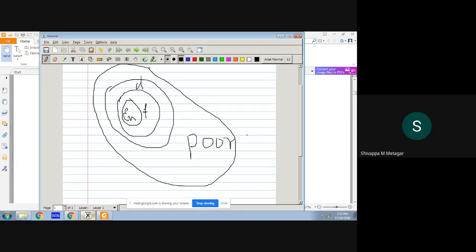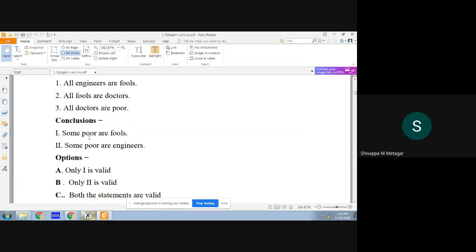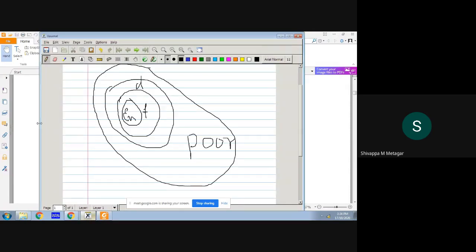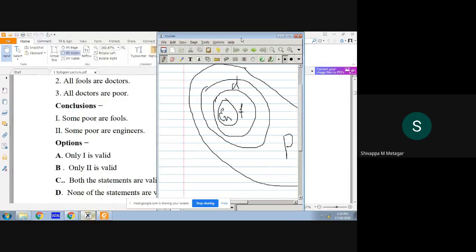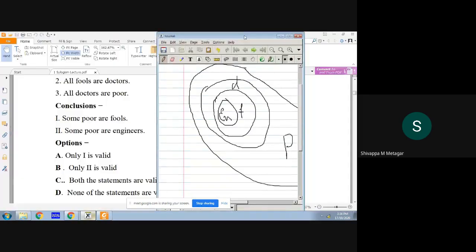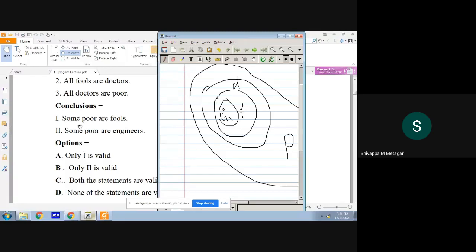And then what conclusion have they given? In the conclusion part, they have given: some poor are fools. Here engineers, fools, doctors and poor are there. So how do we have to answer? Some poor are fools.